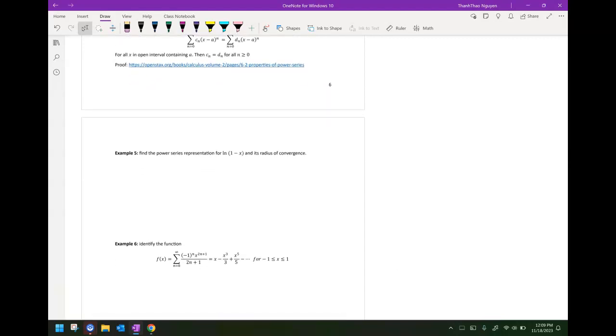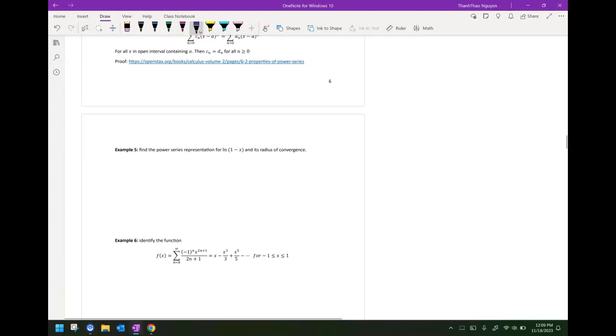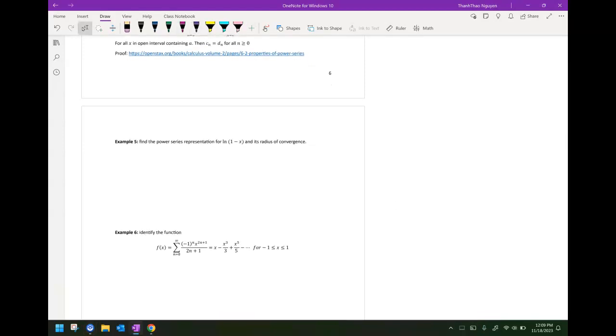Now here we've been using geometric series to find the power series representation for a function, right? But what happens when we can't use a geometric series? What do we do? Well, find the power series representation for ln of 1 minus x and its radius of convergence. Let's talk about the domain of this function for a minute. The domain is x less than 1, right?